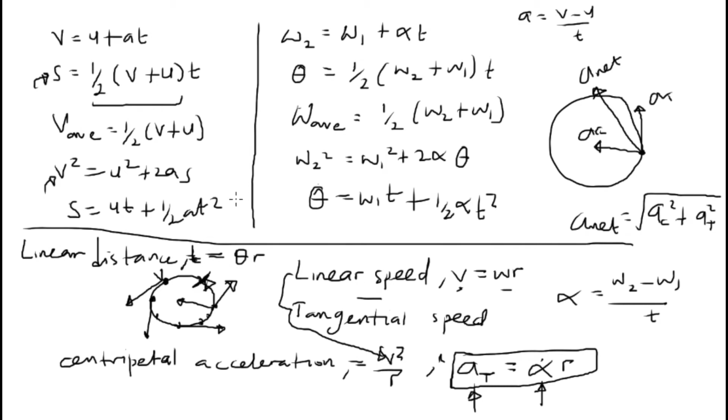Notice that angle theta right here is the angular displacement, and L right here is the linear displacement. So you just multiply the angular displacement by the radius to obtain the linear displacement. Those are just the basic formulas.